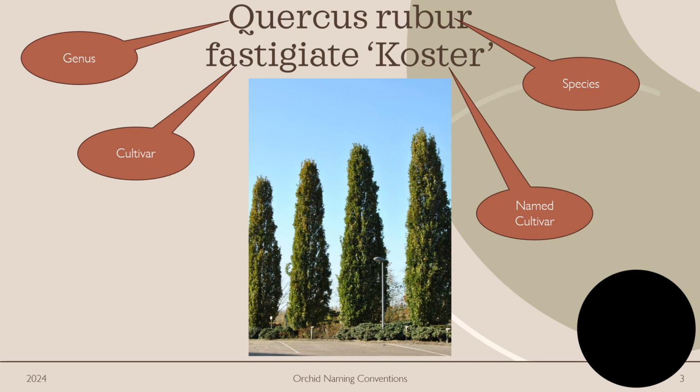Cultivar is fastigiate, and the name cultivar is costa. That general naming for plants you'll find across all species and plants that we deal with in the horticultural trade.